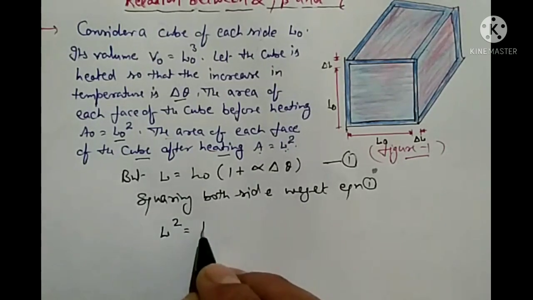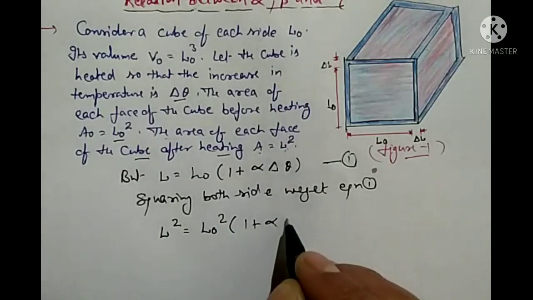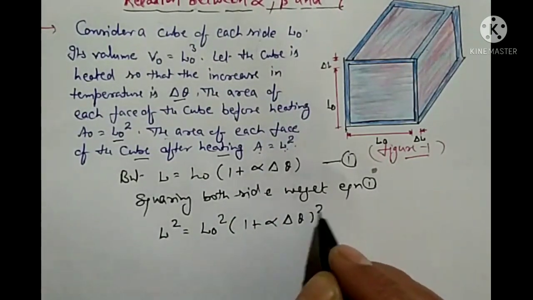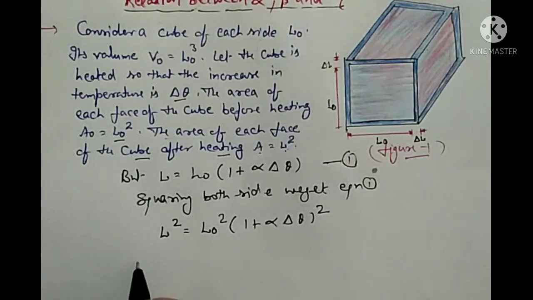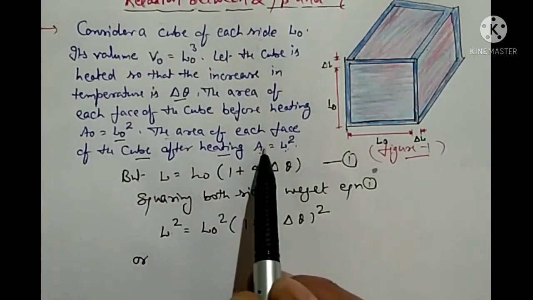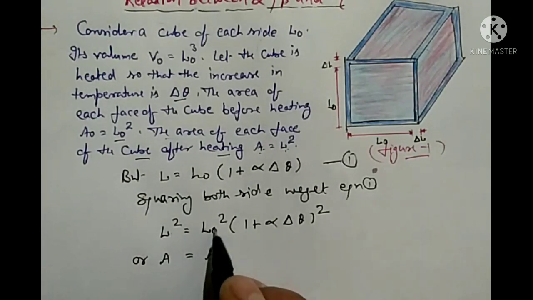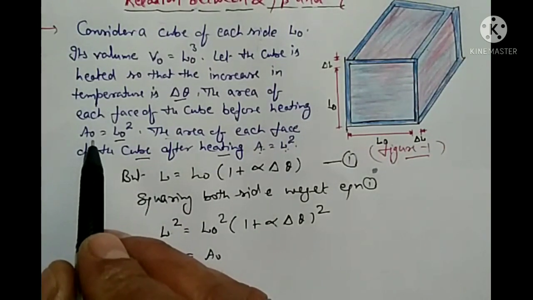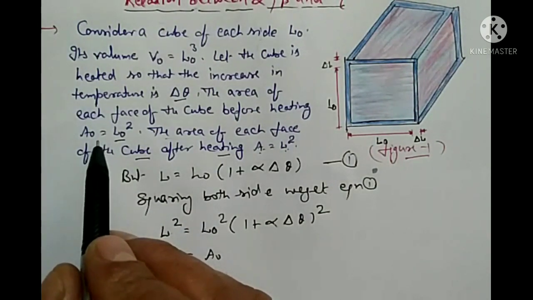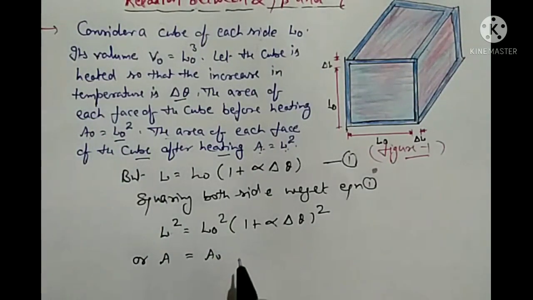we get L square is equal to L naught square into (1 plus alpha del theta) whole square, and here L square is equal to A. Now put A instead of L square and A naught instead of L naught square, because the area of each face of the cube before heating, A naught, is equal to L naught square.